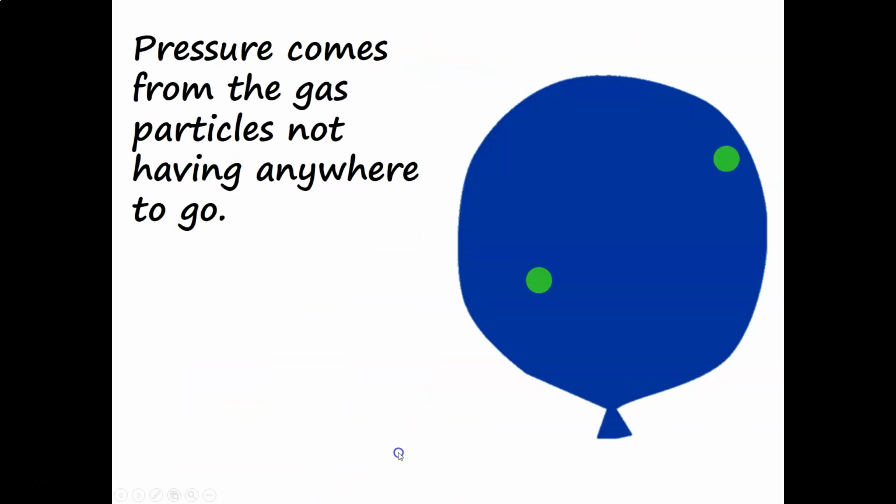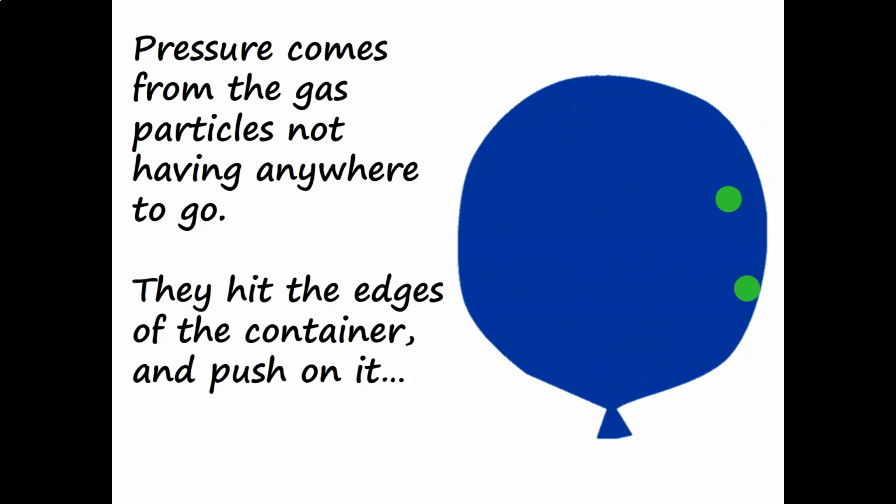So when the particles zoom around, they hit the edges of the container and they push on it. And that push is what the pressure is. It's a force being applied to a certain area. So when we're doing these problems with containers and enclosed environments, the particles push on the container.